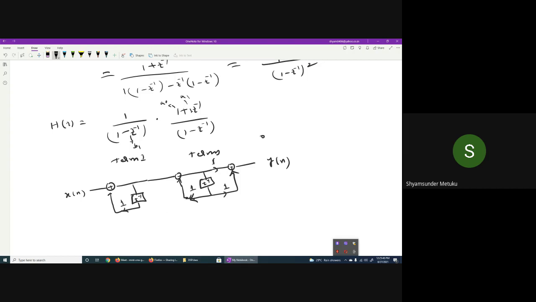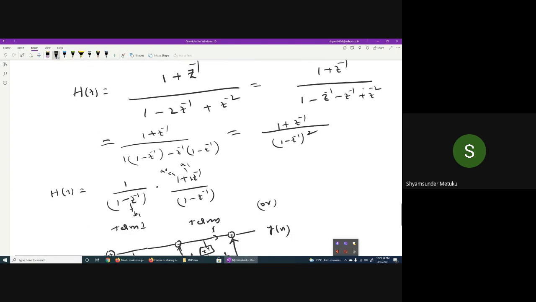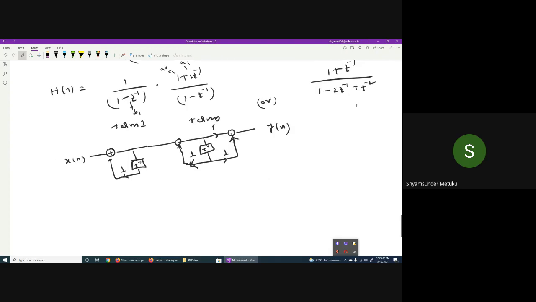Or else, without cascading form, you can also directly do this. What is the question given to us? 1 plus z inverse divided by 1 minus 2 z inverse plus z power minus 2. So it is basically one form of representation. If you directly would like to do it, that also can be done. You have two plus at the end edges. This is your x of n, this is your y of n.